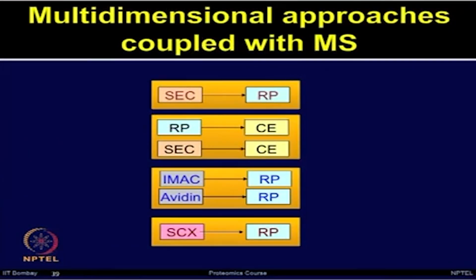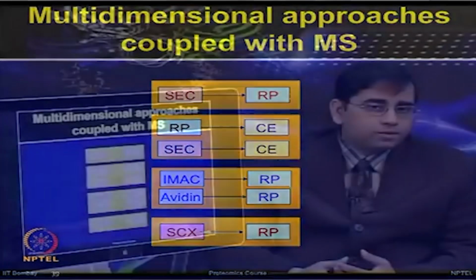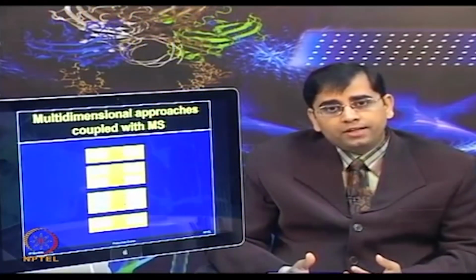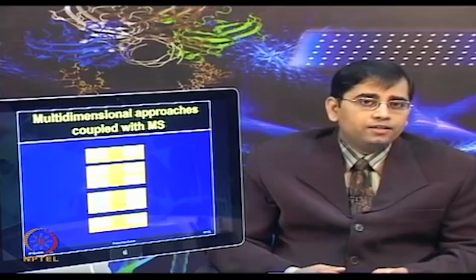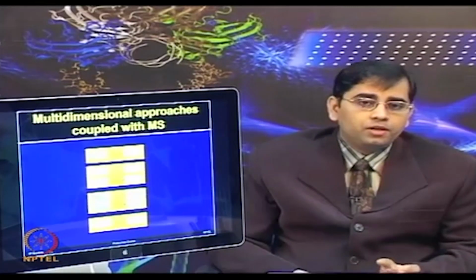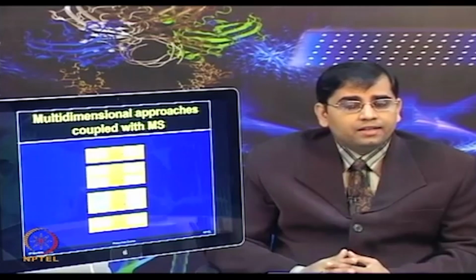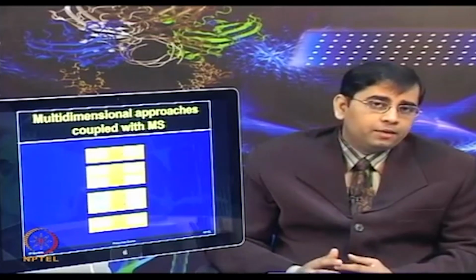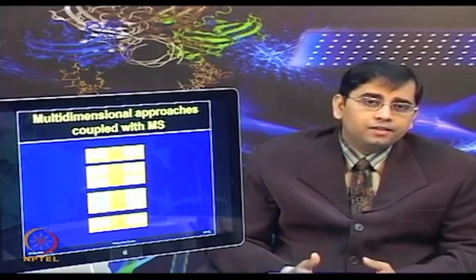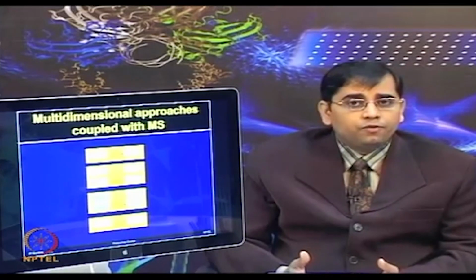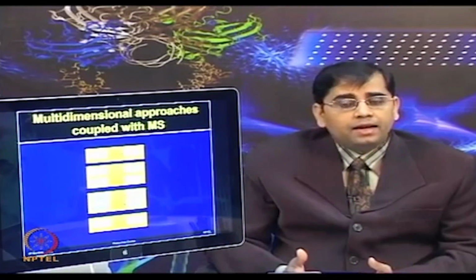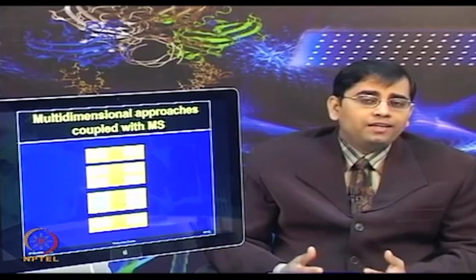A third combination, using affinity chromatography as the first separation followed by reverse phase, has been used, but what is most popular is strong cation exchange separation in the first dimension followed by reverse phase chromatography in the second dimension. That has given the best results for separating peptides, and it has been used for various proteomic analyses.